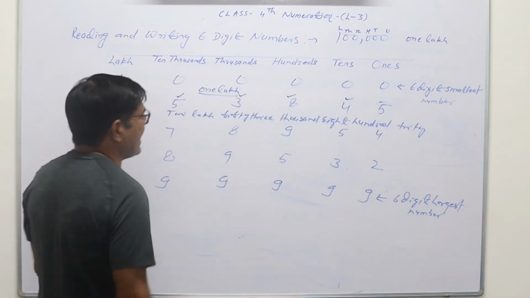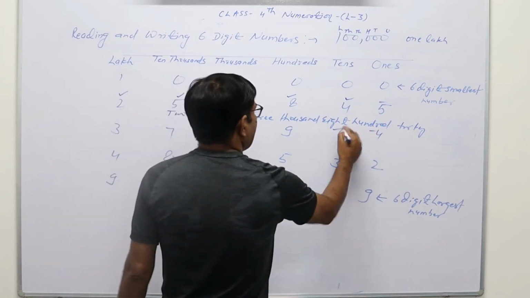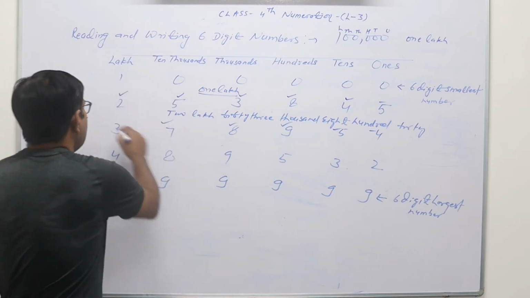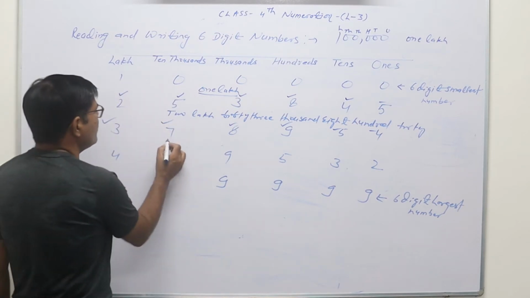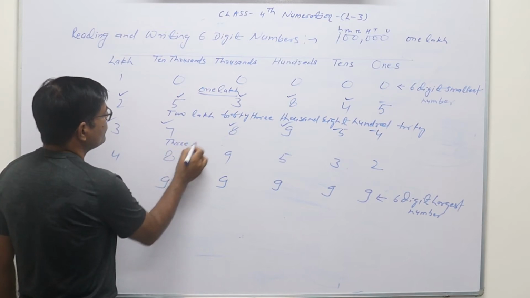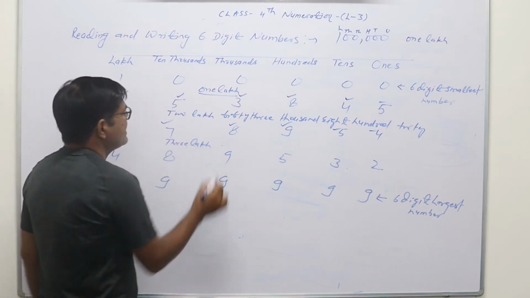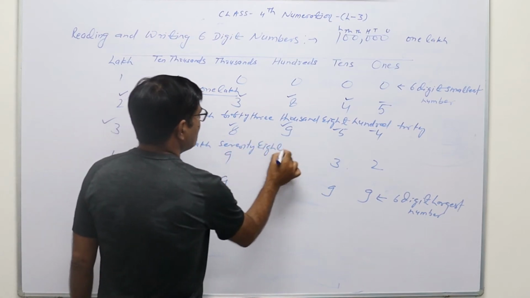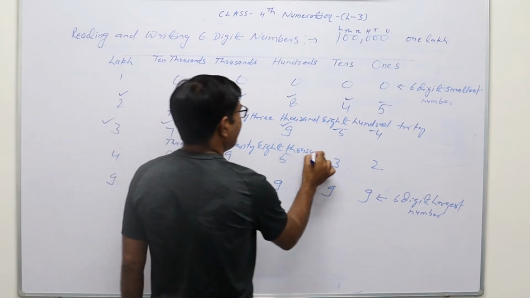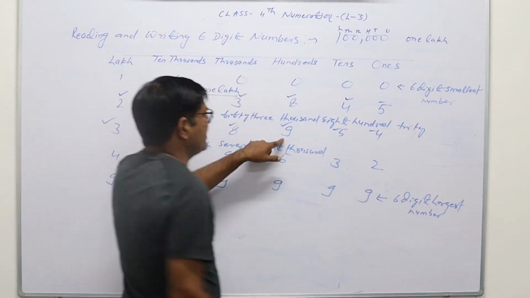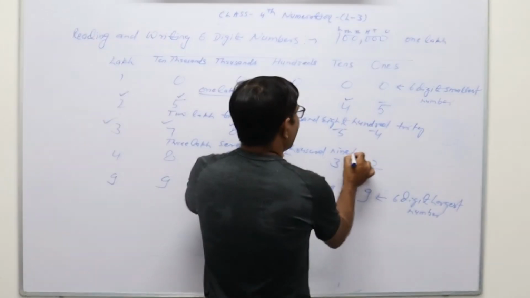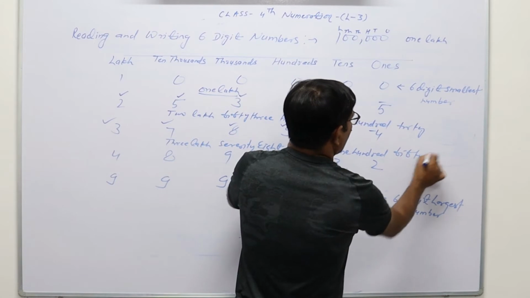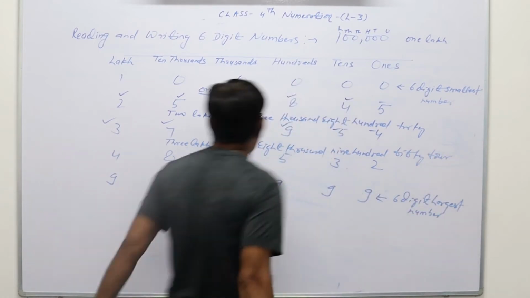Now for the next number, again read ones, tens, 100, 1000, 10,000 and lakh. So the number is 3 lakh 78,954. So this is the next number.